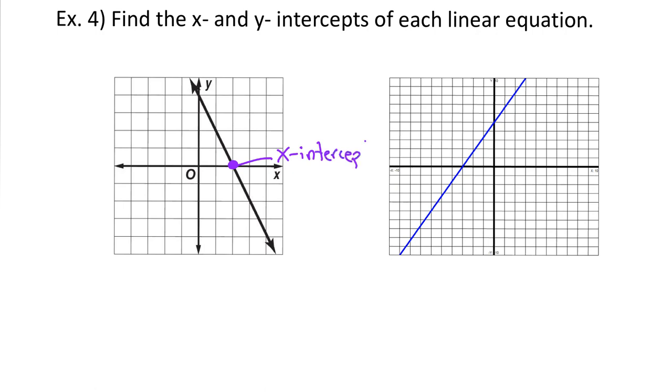Then you're going to find the y-intercept. The y-axis is the vertical one. The line is going through the y-axis right there. So my y-intercept is this point. Let me label that right here, y-intercept.